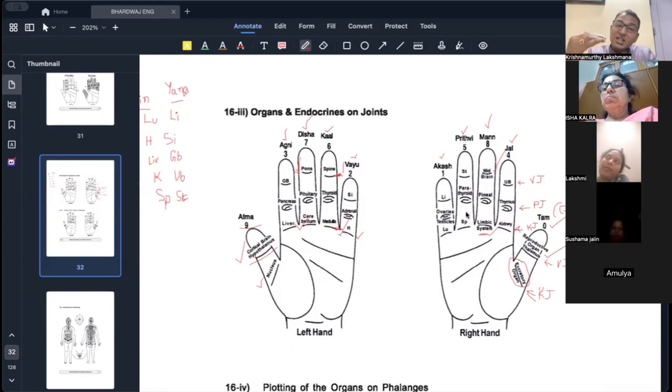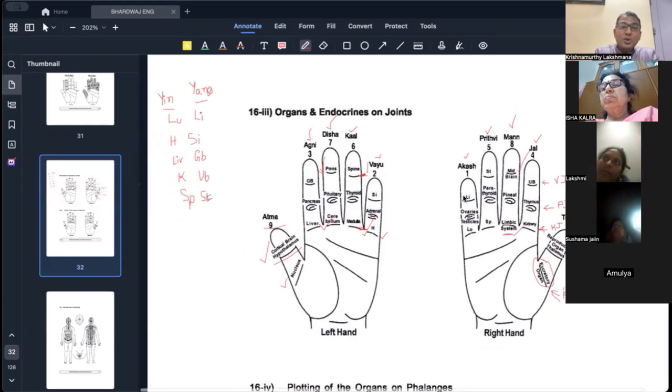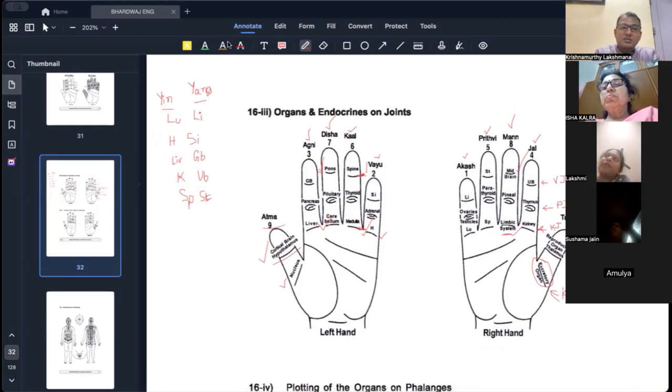Now we have discussed the Vat and Kapha joint. What about the Pitta joint? The Pitta joint is associated with the glands.